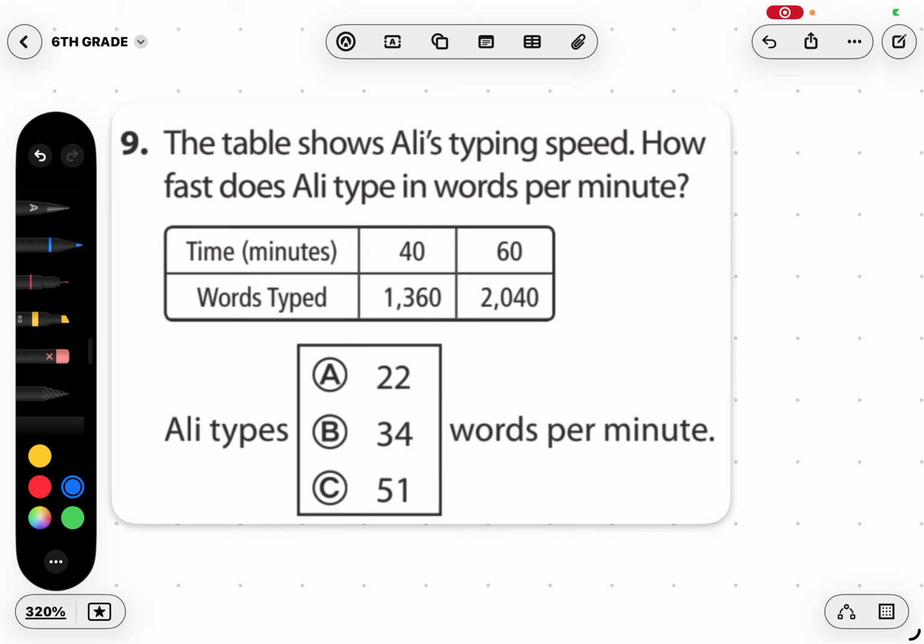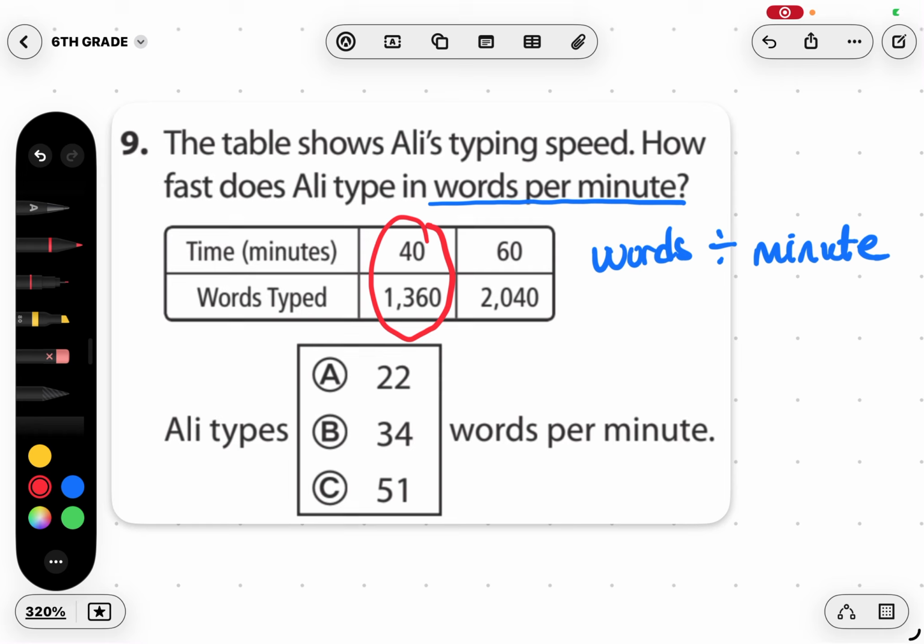The table shows Ali's typing speed. How fast does Ali type in words per minute? So already here is the unit rate that they want us to do. So it's going to be words divided by minute. All right. So we have two groups here.